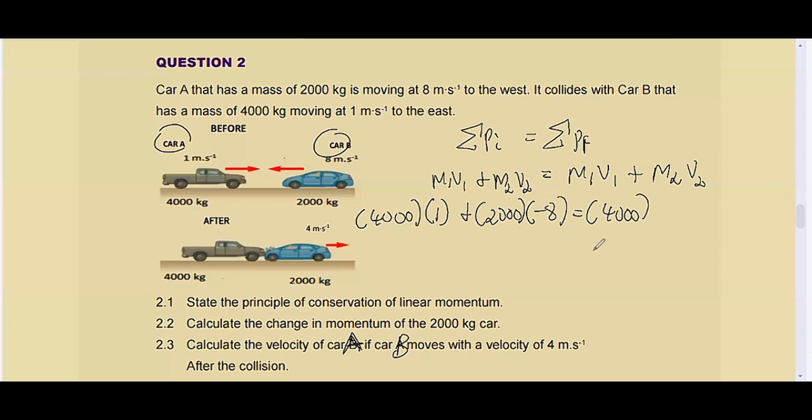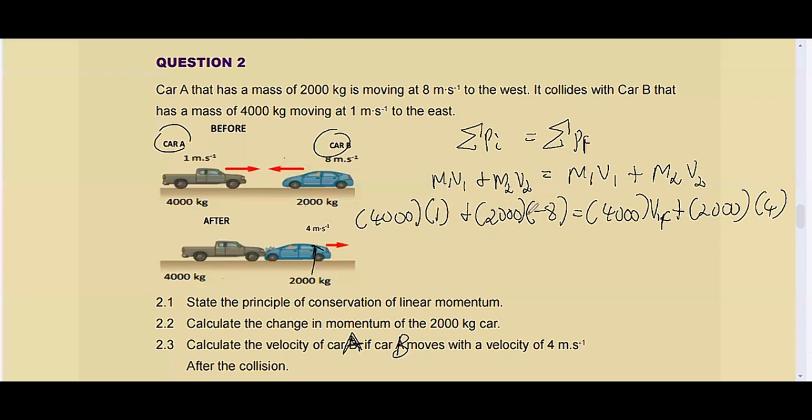So here we have 4,000, but we do not have the velocity. That's what we are trying to calculate. So we have v1 finally plus 2,000. We do have the velocity for this car here. That's 4 meters per second, going to the right, so it should be positive. Let's just calculate that.